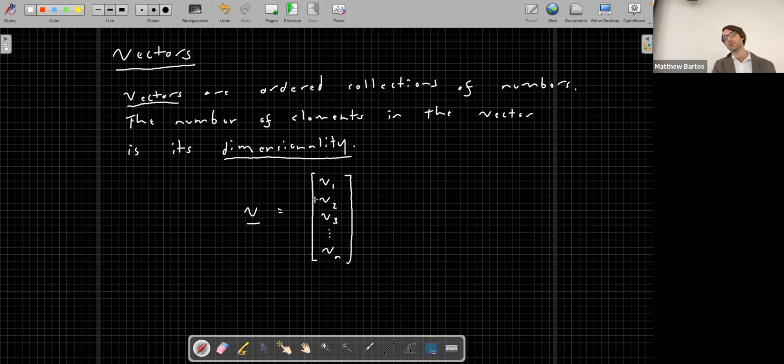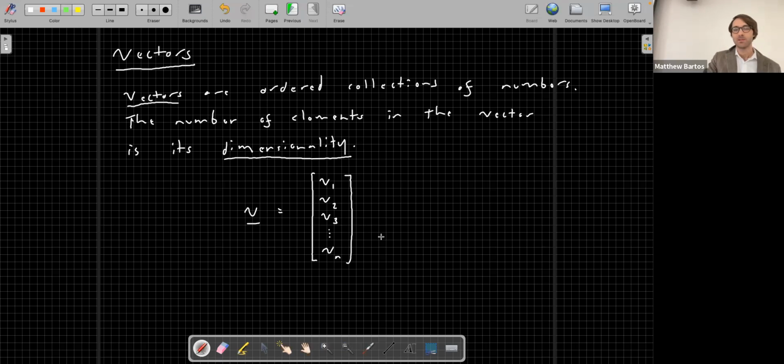Each of these v's inside of the vector is a scalar. When I write a vector, in this class, I will underline it to indicate that it's a vector. So scalars will not be underlined, vectors will be underlined, and all vectors are column vectors, arranged vertically.